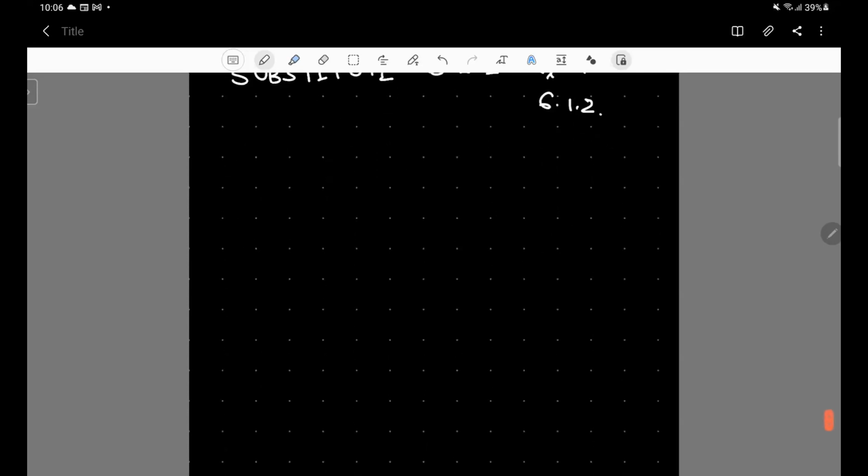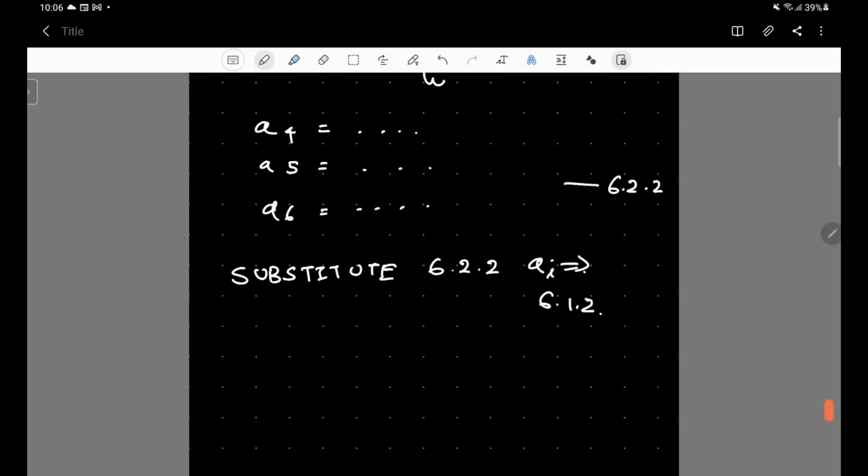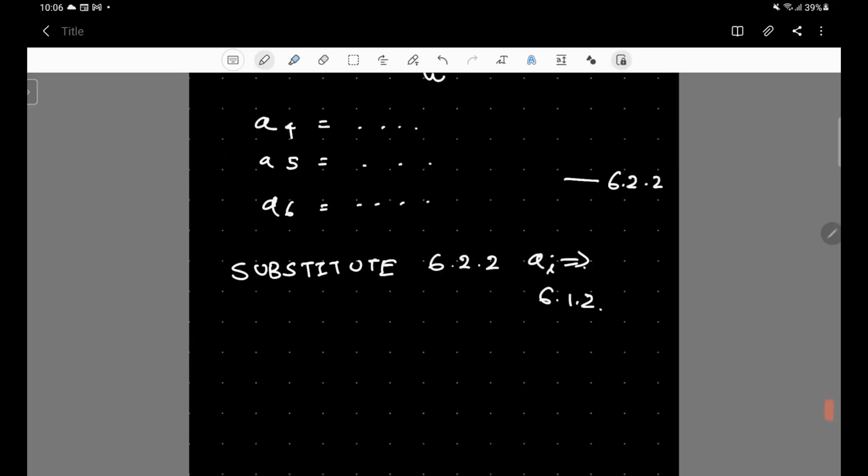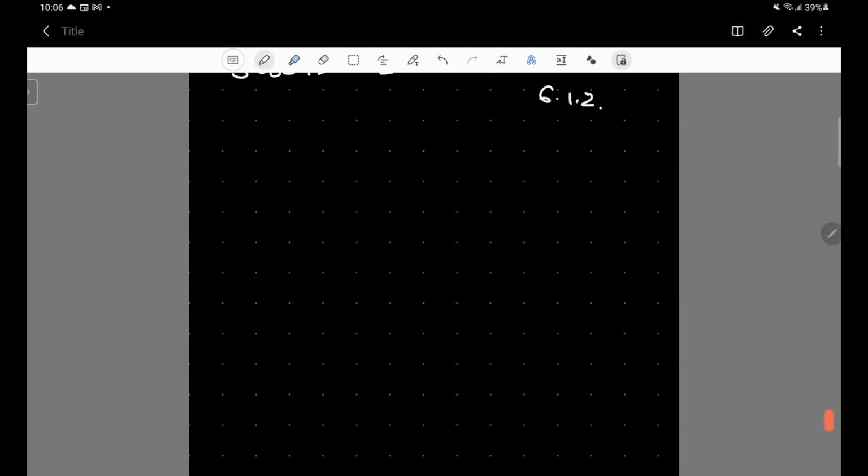You can try it on your own to get the coefficients from a4 to a6. I will write down the complete displacement function.